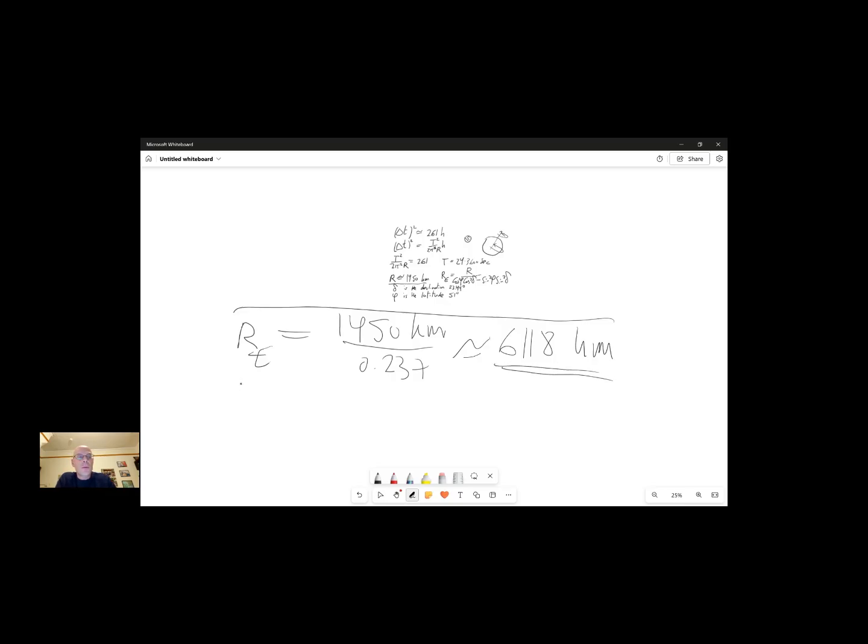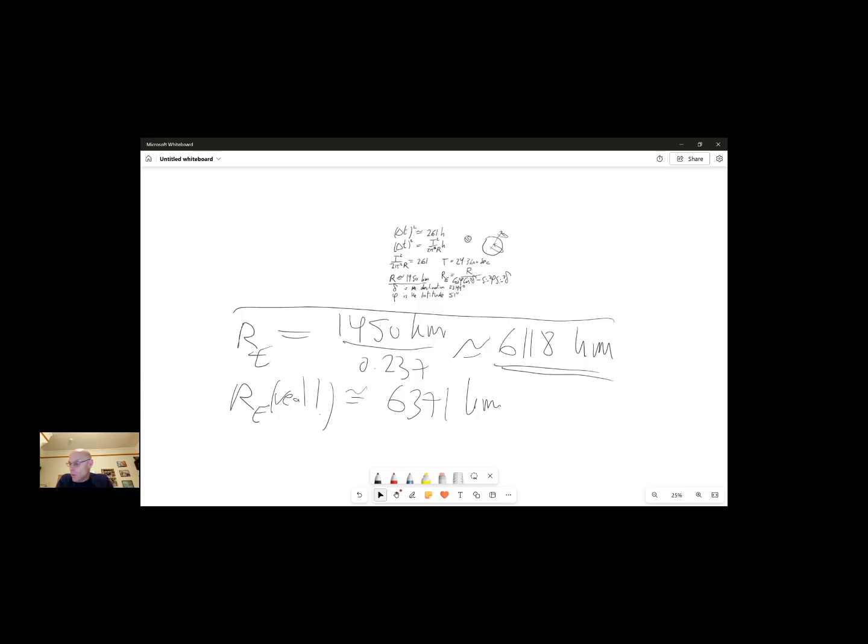The real value, that was measured accurately, for our Earth is 6,371 kilometers. So what I find is a value which is very, very close.